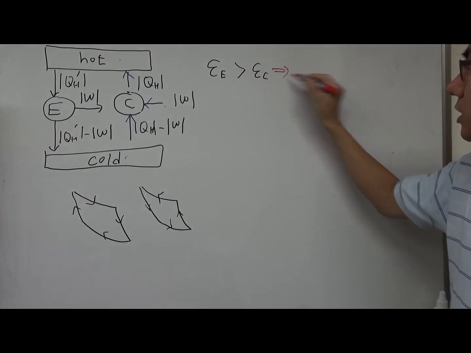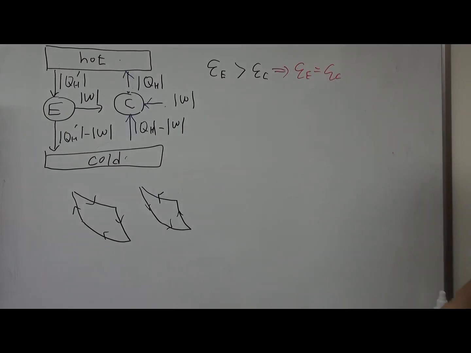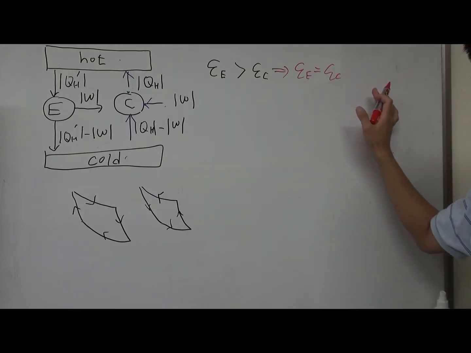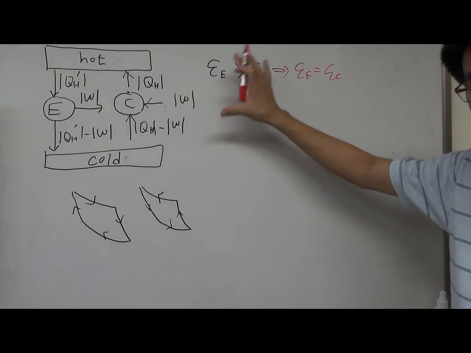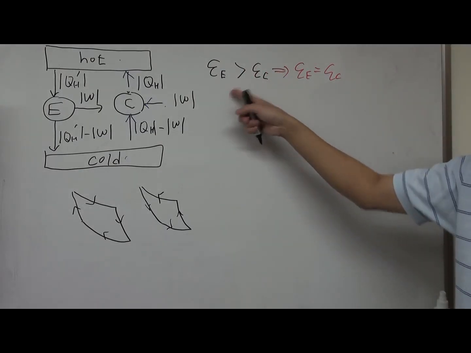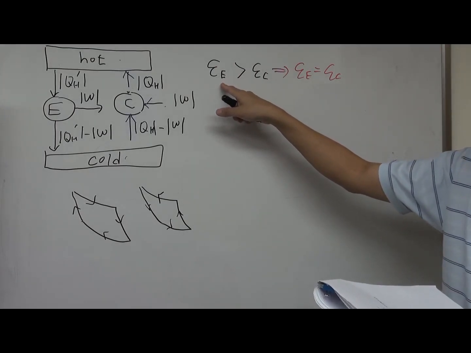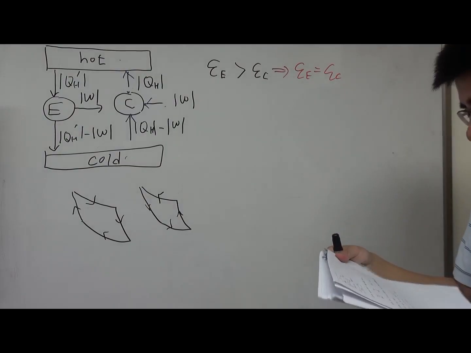Alright. The efficiency of engine E is larger than the efficiency of the Carnot cycle.